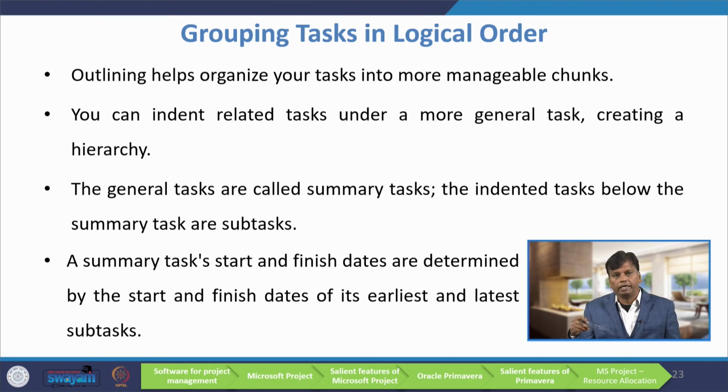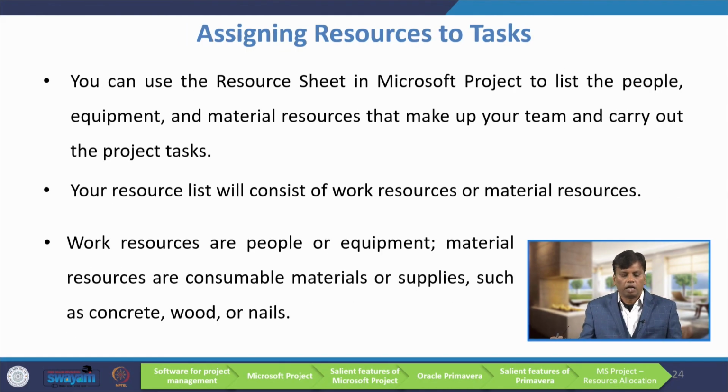The general tasks are called summary tasks. The indented task below the summary task is called a subtask. A summary task's start and finish dates are determined by the start and finish dates of its earliest and latest subtasks.